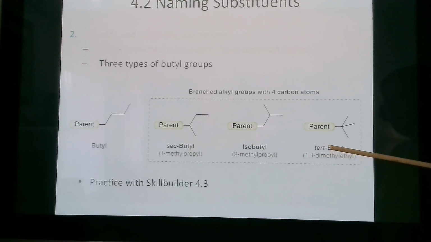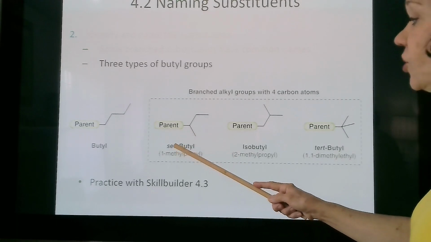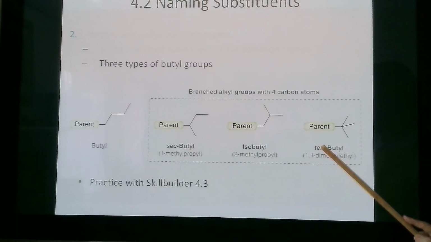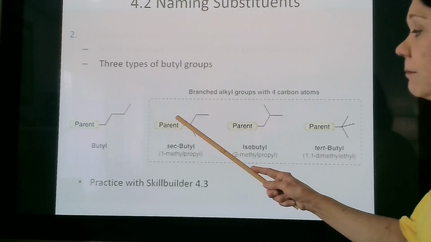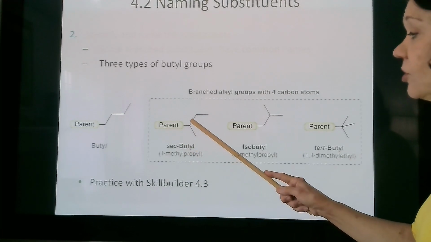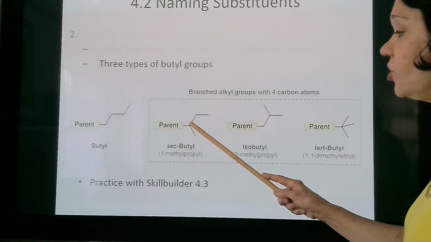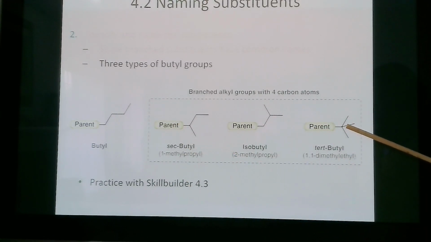The tert-butyl, this carbon atom that is attached to the parent compound, is a tertiary carbon. That means it has 1, 2, 3 other carbons attached to it. So here the sec and the tert both are designating what type of carbon atom is attached to the parent. This is a secondary carbon atom, so it's called sec-butyl. This is a tertiary carbon atom, so it's called tert-butyl.